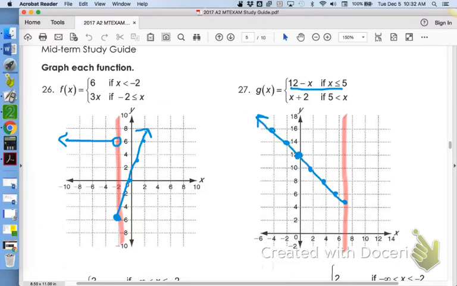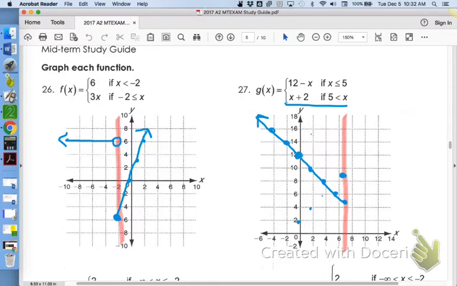All right, and then for the next line, I'm going to use this equation, which would have started at 2. So I'm going to kind of use my pencil. It has a slope of 1. So rise 1, run 1, rise 1, run 1, rise 1, run 1, rise 1, run 1.